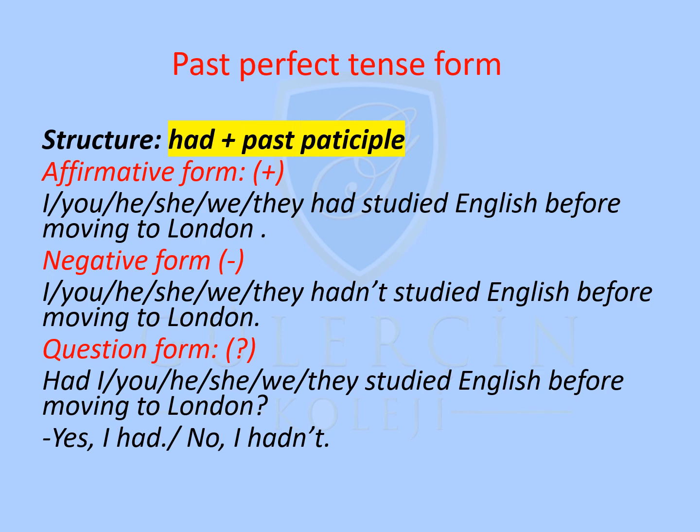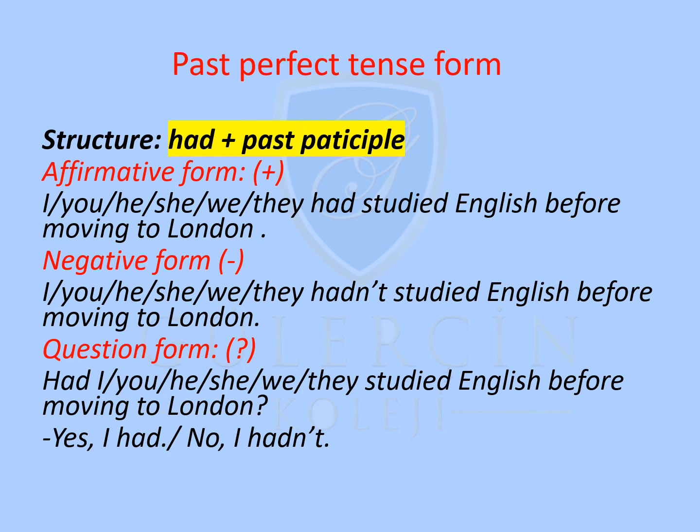I had studied English before moving to London. He had studied English before moving to London. Or she, or we, or they, it doesn't change. So as you can see, all the subjects, I, you, he, she, we, they, take the same verb. Had studied English before moving to London.